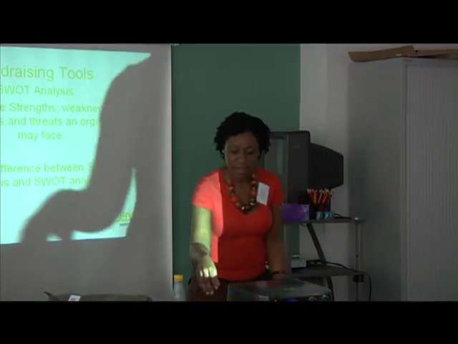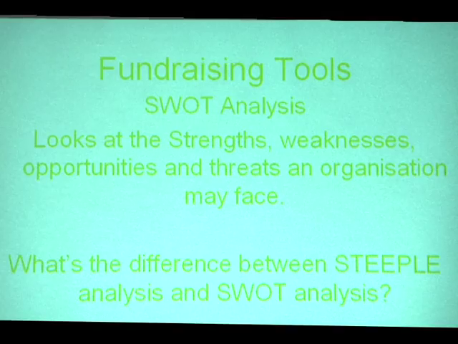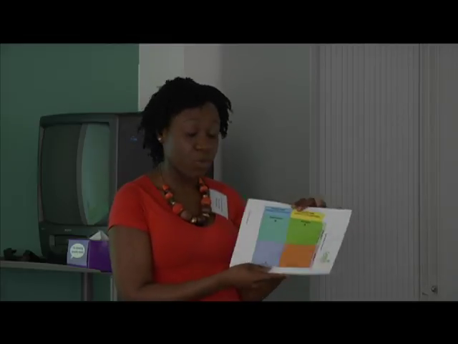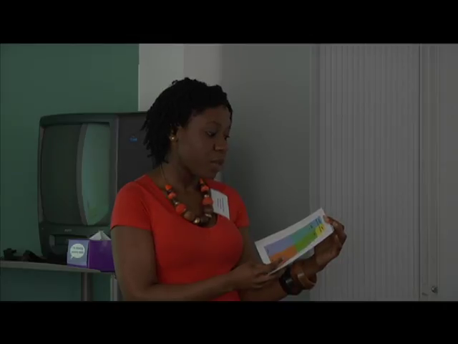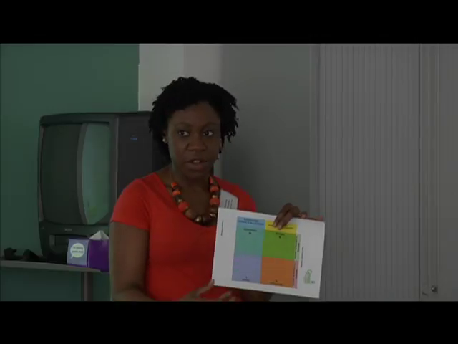SWOT analysis looks at the strengths, weaknesses, opportunities and threats that an organization might face. The SWOT analysis helps you to identify where they're coming from. Opportunities are external, threats are external as well, and strengths are internal, and weaknesses are internal as well.